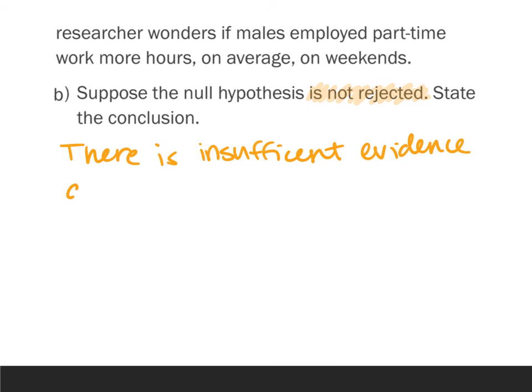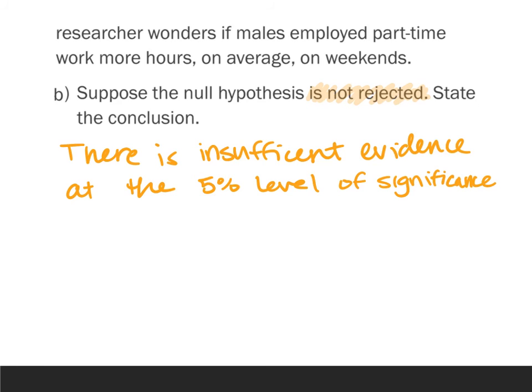And again, I would like to say at the, and you can use the alpha equals 0.05, or you could say at the 5% level of significance. And I'll end up using both sometimes. So there is insufficient evidence at whatever level of significance was used.